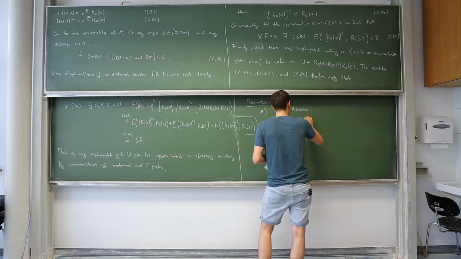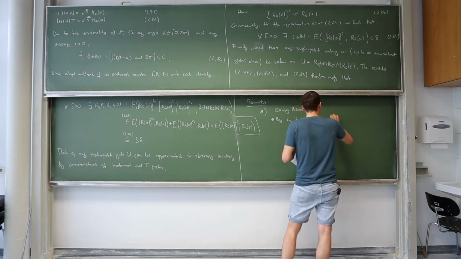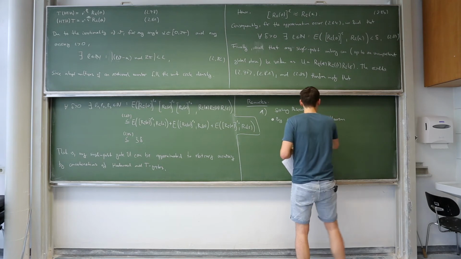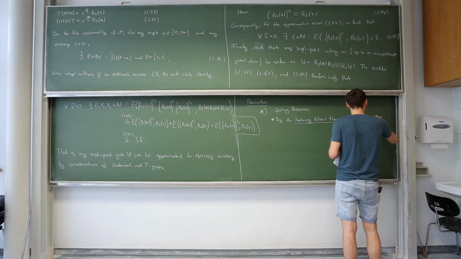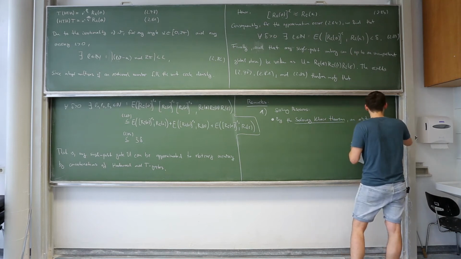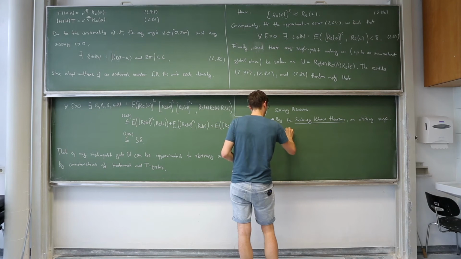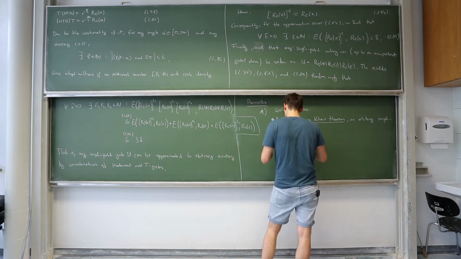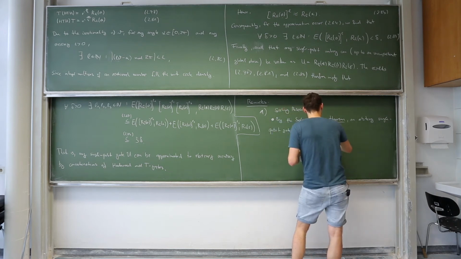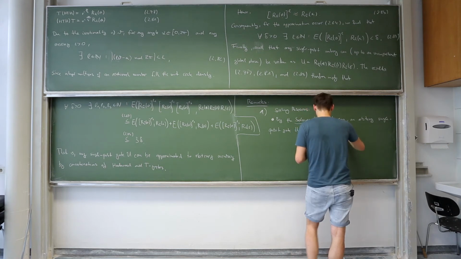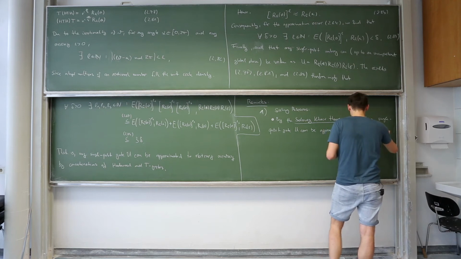By the Solovay-Kitaev theorem, an arbitrary single qubit gate U can be approximated to an accuracy epsilon.